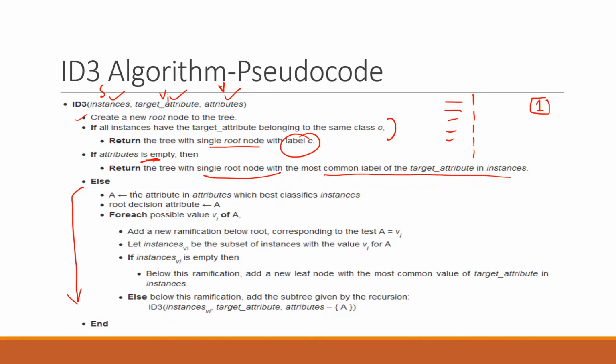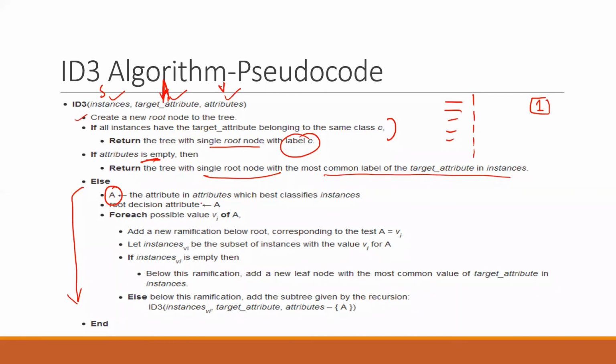First you have to say that A is the attribute in attributes which best classifies the instances. So we will be taking the target attribute. This was not A, this was not V, this is A. So the target attribute will be one out of it, so it is A.